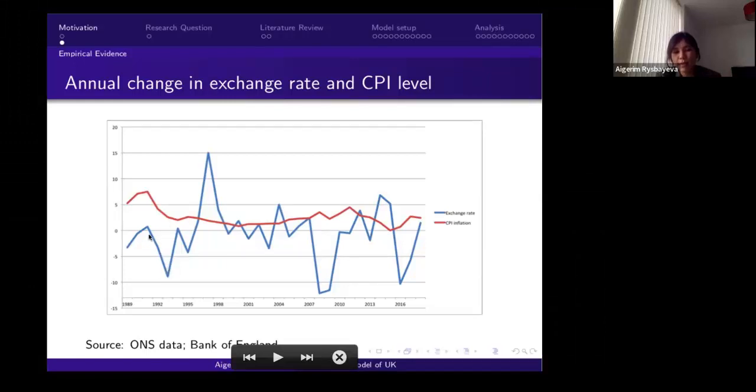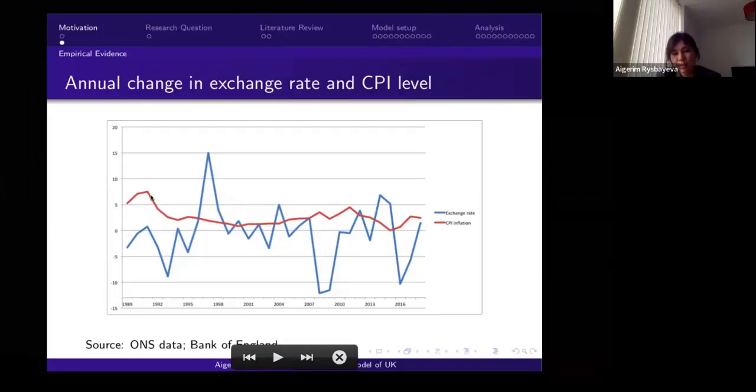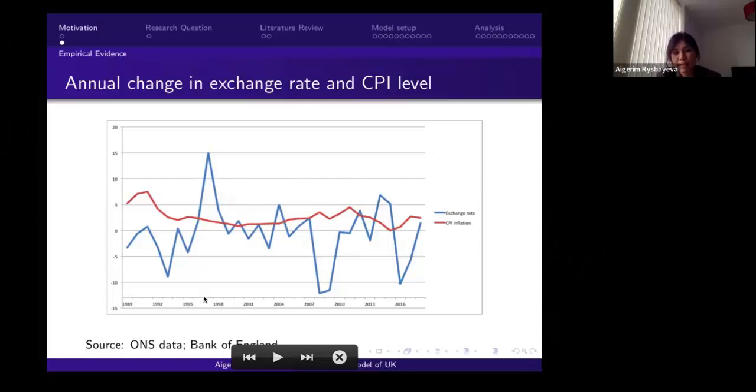On this date, we have a sharp decline in the exchange rate, but not as much decline in the CPI level. The same in 1998, when the Bank of England adopted inflation targeting. After they adopted it, as you can see, the exchange rate declined, it depreciated, and then it became stable.